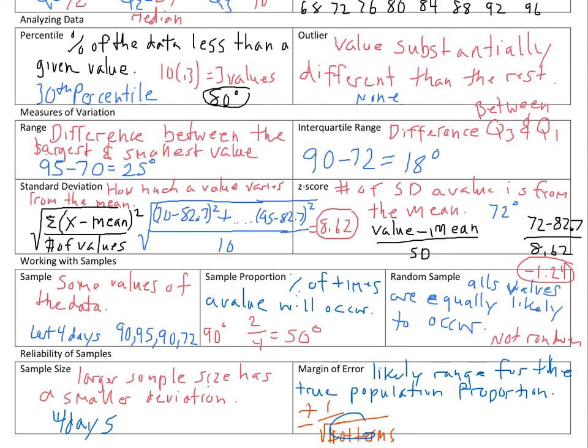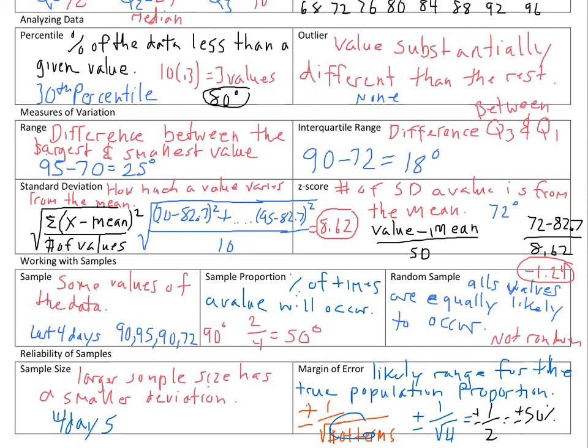So what we have is plus or minus 1 over the square root of 4 terms, and the square root of 4 is 2. So it's plus or minus 1/2, which is plus or minus 50%.